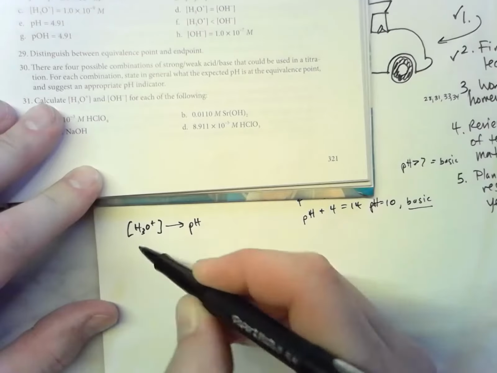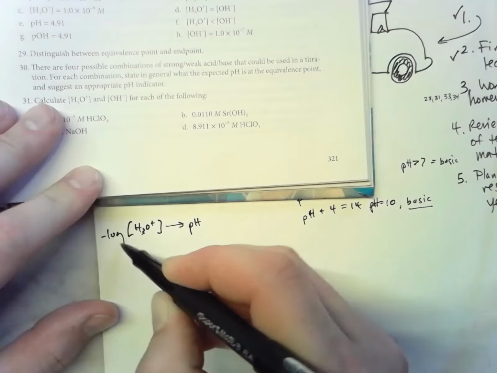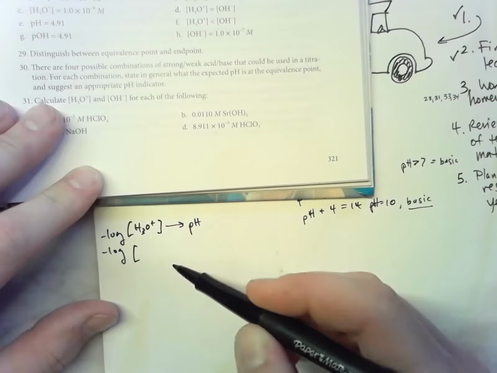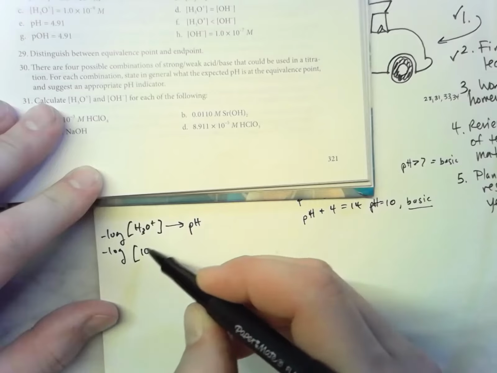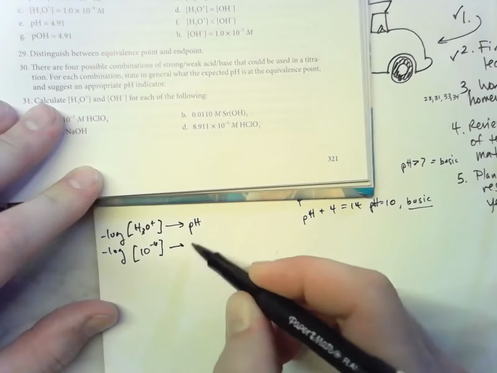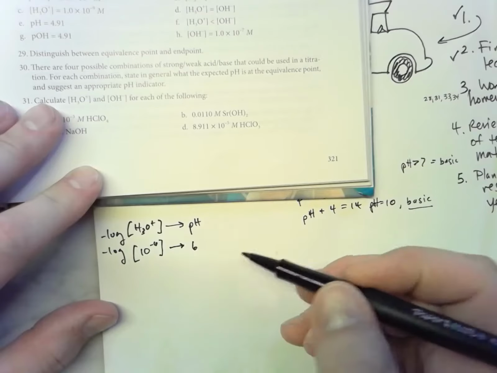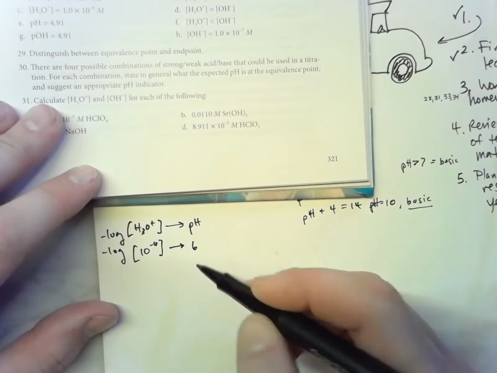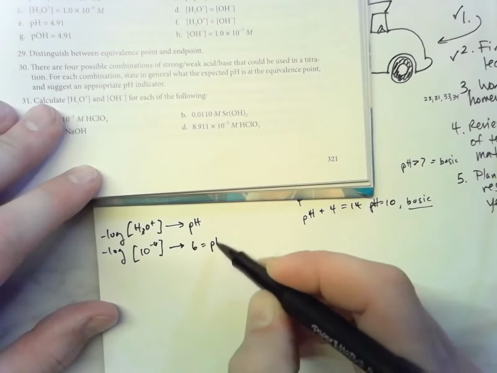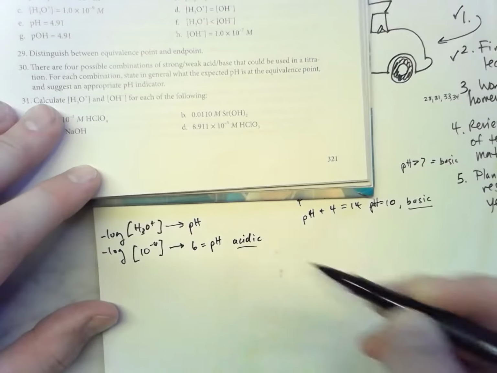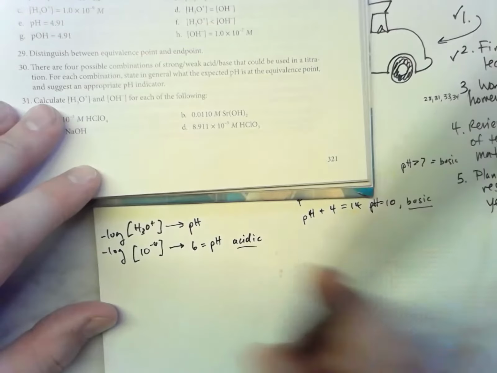We just take the negative log of that, so negative log of 10 to the negative 6th. We know that's going to go to 6. We can put it in the calculator, and I recommend that you do, but it's just going to spit out 6 equals pH. And what is that? Less than 7, so it's acidic. Straightforward.